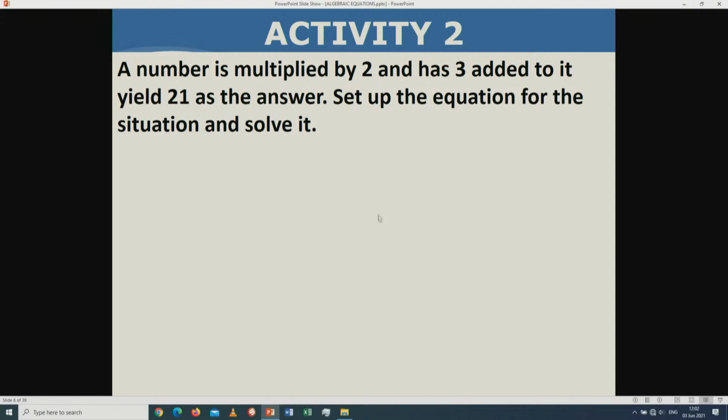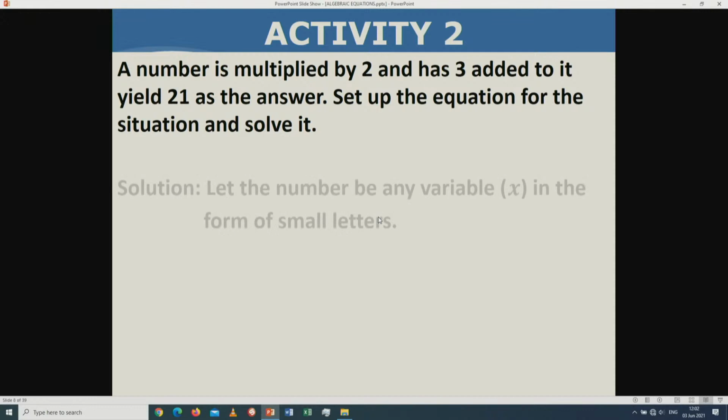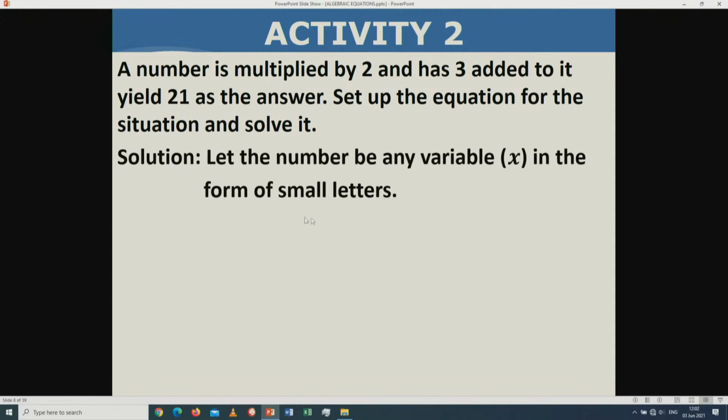As I've indicated, when answering this type of question, you have to look at what the question wants. The question says a number is multiplied by 2 and has 3 added to it. Set up the equation for the situation and solve it.